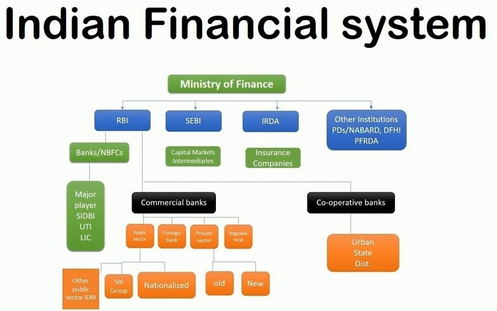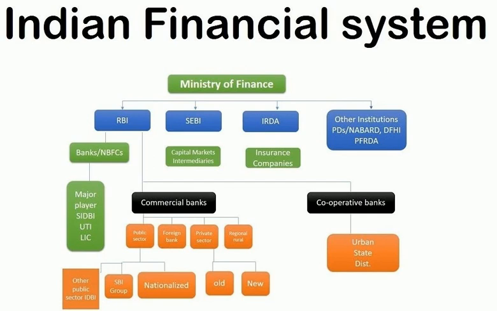Second is, it comprises four components. First is financial market, second is institutions, third is financial services, and fourth is financial intermediaries. So there are four main components of it.